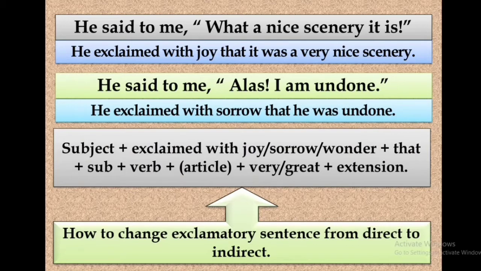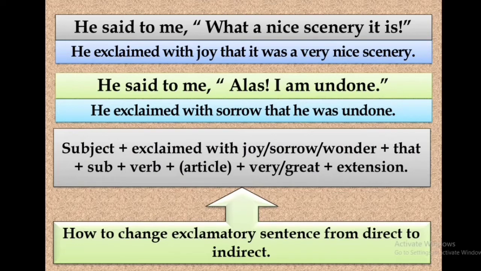If the reported speech expresses sorrow, then we use exclaimed with sorrow instead of the reporting verb. We can also use exclaimed with wonder, exclaimed with surprise, or only exclaimed if we are not able to understand what the reported speech expresses.